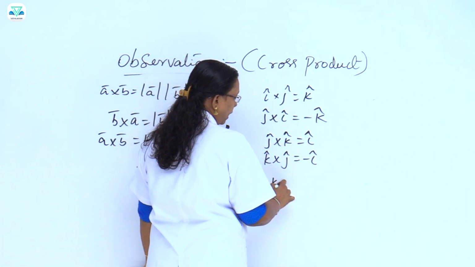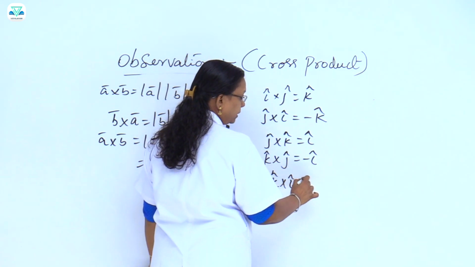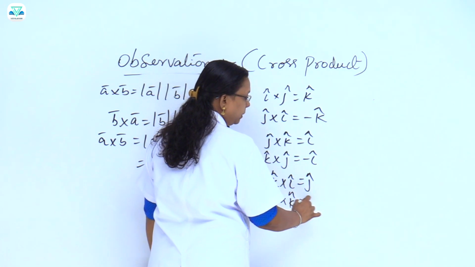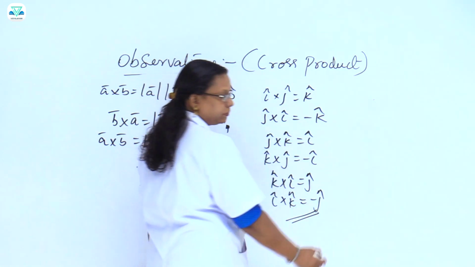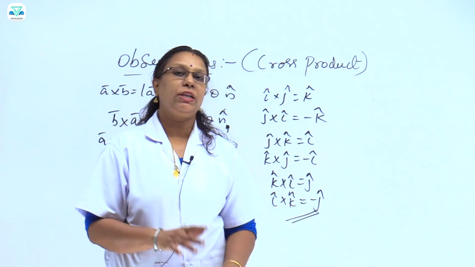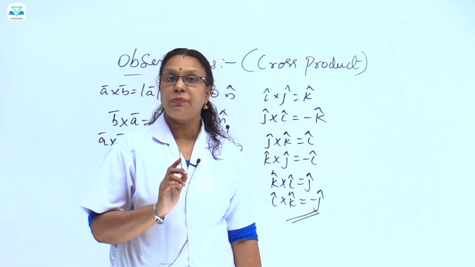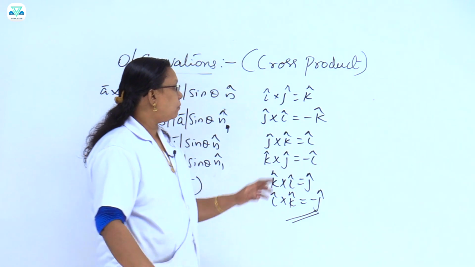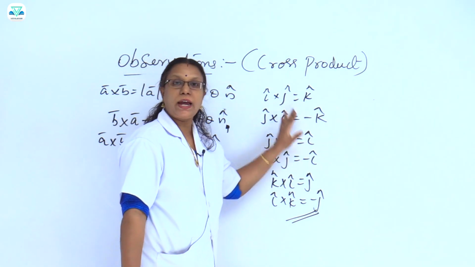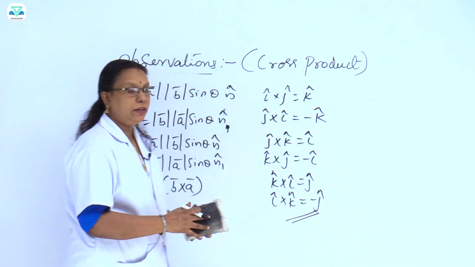Similarly, K cross I is J cap, so I cross K will be equal to minus J cap. So a very important property: A cross B is not equal to B cross A. A cross B is minus B cross A. So in view of this, I cross J is K, so J cross I will be minus K and so on. This is a very important property.